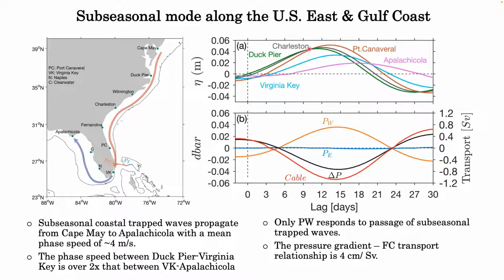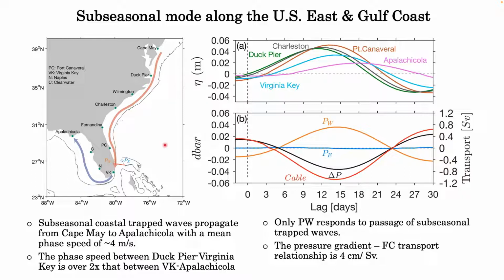For example, the wave amplitude at Duck Pier is maximum about 3 or 2 days earlier than that at Port Canaveral, and then the lag grows as we move towards the Gulf Coast.